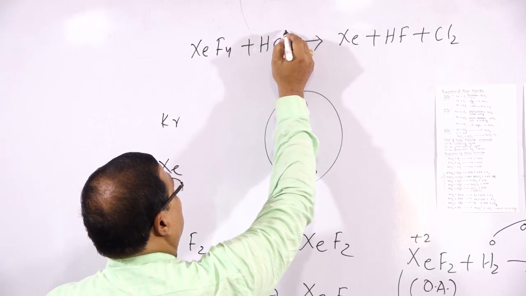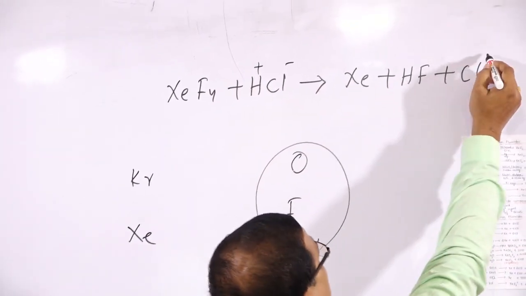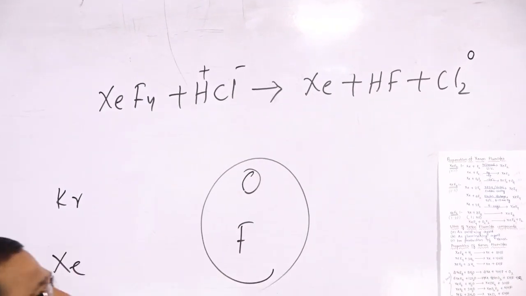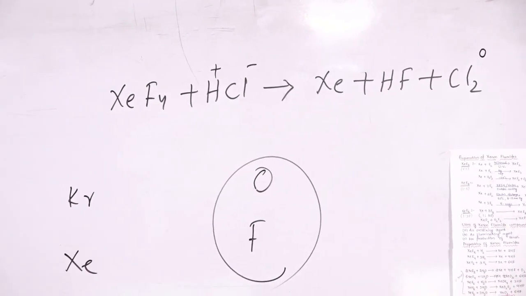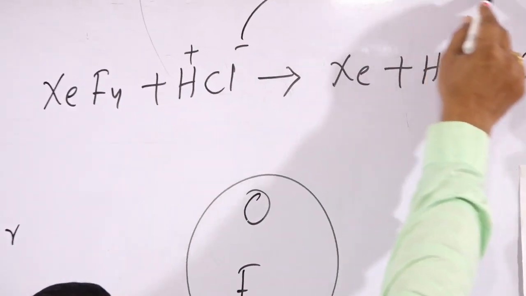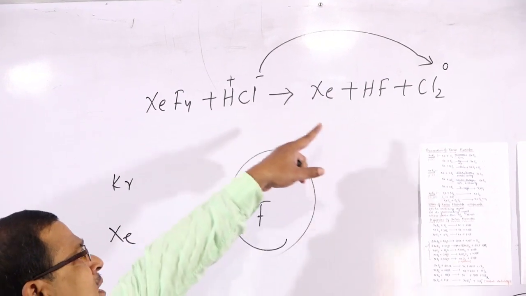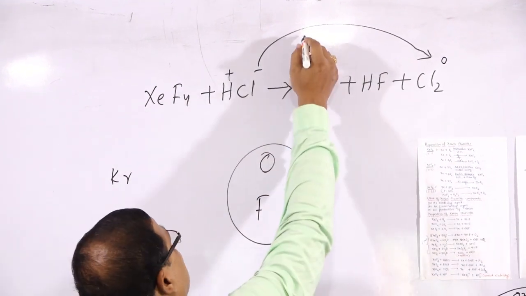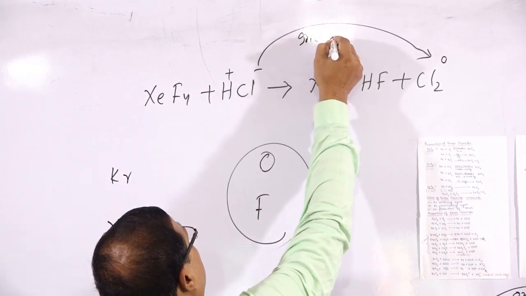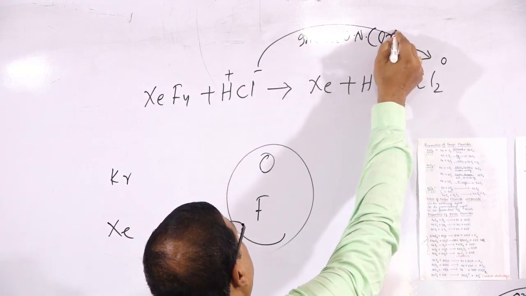In HCl, that is H plus Cl minus, chlorine is -1, and in the product chlorine has 0 oxidation number. So the oxidation number of chlorine changes from -1 to 0, an increase in oxidation number, which is known as oxidation.